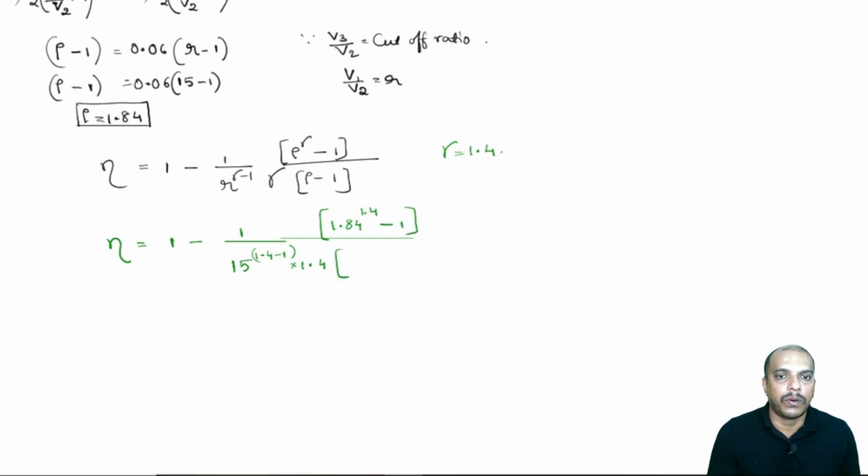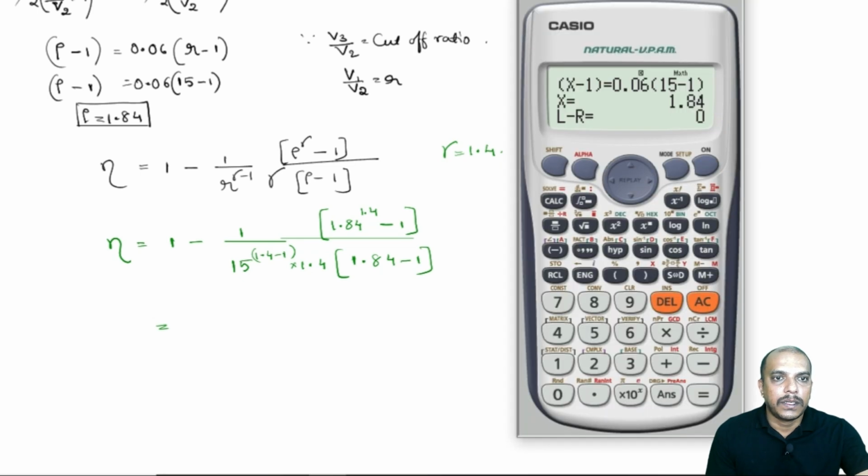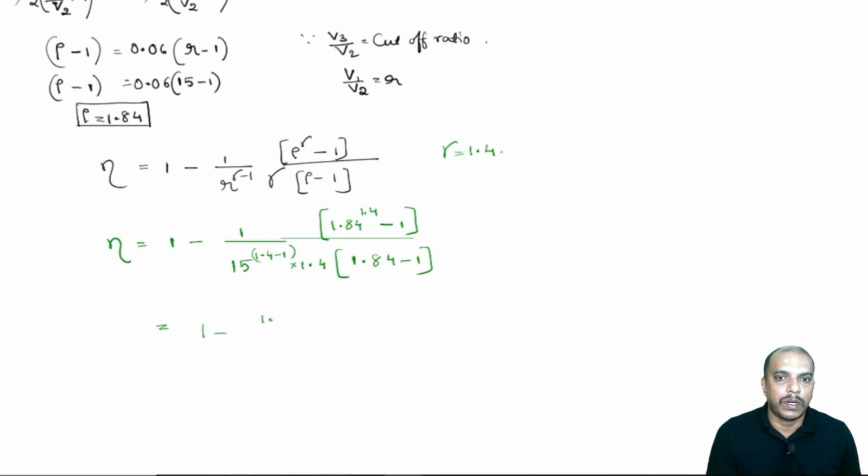And then we have rho minus 1, that is 1.84 minus 1. I will take it step by step. I will solve the numerator first, 1.84 power 1.4 minus 1. So, that will be 1.3482.